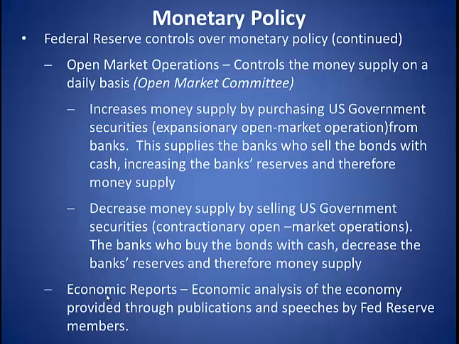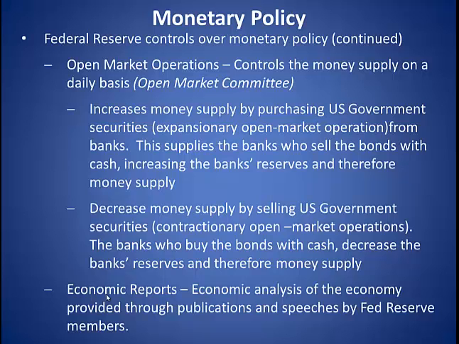The opposite is the Federal Reserve can decrease the money supply by selling government securities, and they call it contractionary open market operations. What happens is the banks who buy the bonds from the Fed with cash, in effect, decrease their reserves and therefore money supply.